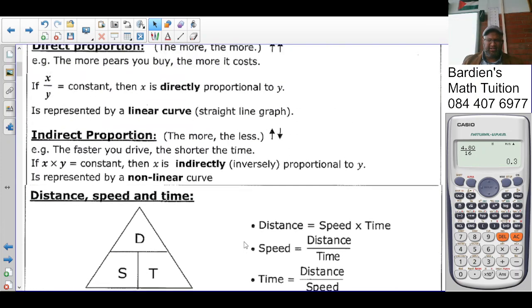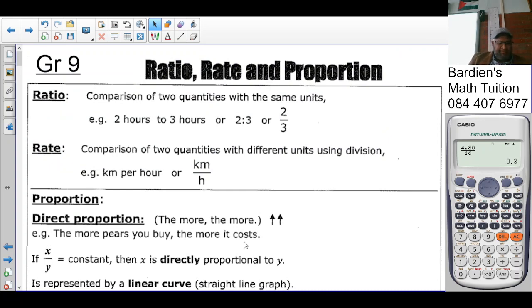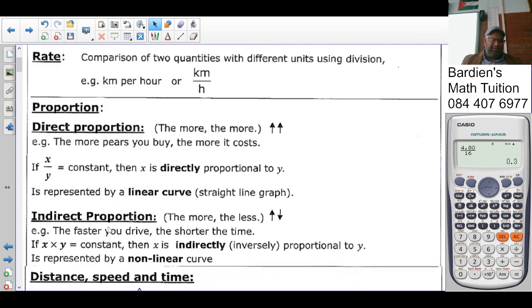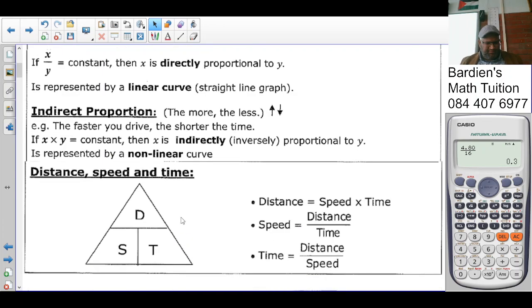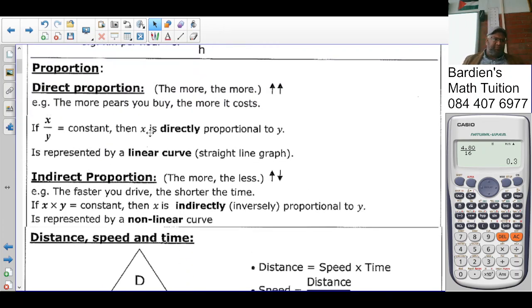Okay, so let's start reading what they have written thus far. Ratio, rate, and proportion. We stopped at rate: a comparison of two quantities with different units using division. We spoke about kilometers per hour. Then we went on to direct and inverse proportion. For direct proportion, you say the more, the more. The more pies you buy, the more it costs.